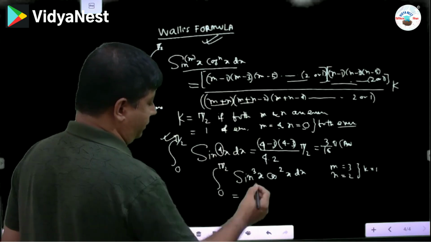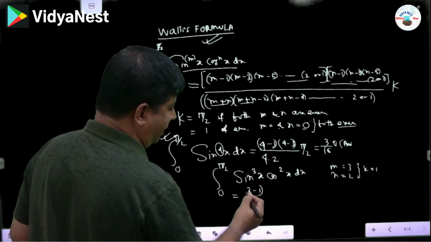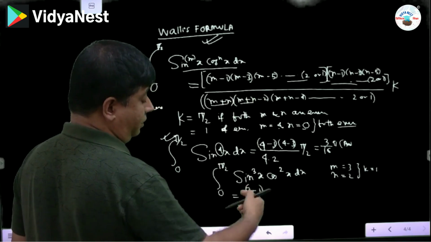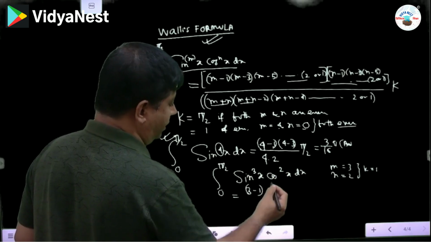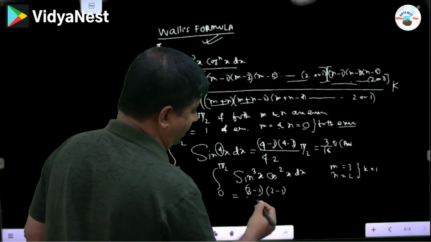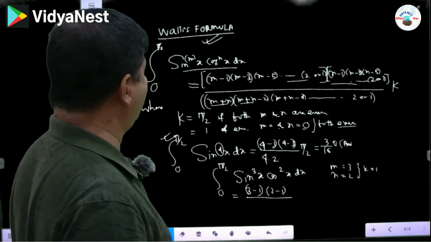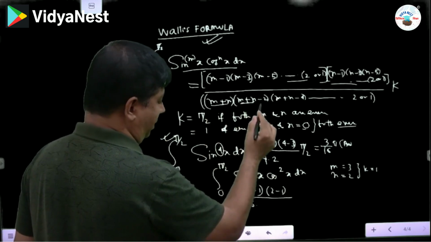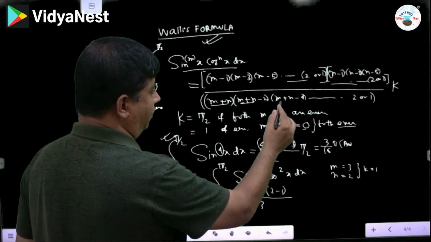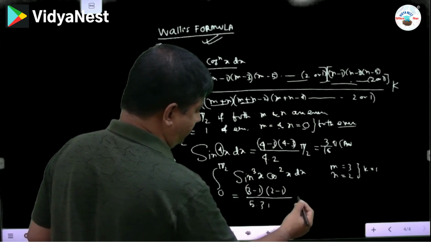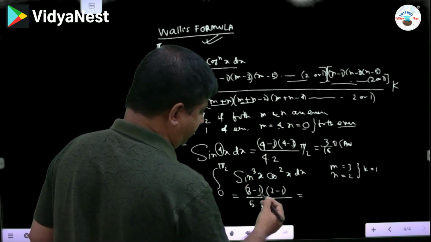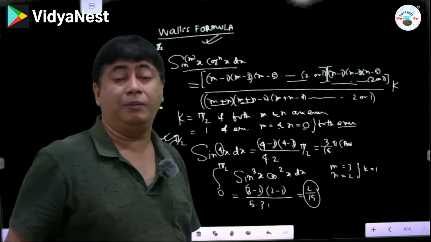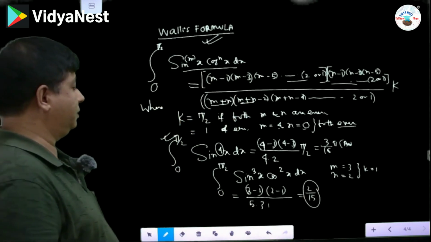So, numerator 3 minus 1, no point of writing 3 minus 3 because then the whole thing becomes 0. Here 2 minus 1 divided by m plus n, 3 plus 2, 5, m plus n minus 2, 3, m plus n minus 4, 1. So the answer is 2 by 15.